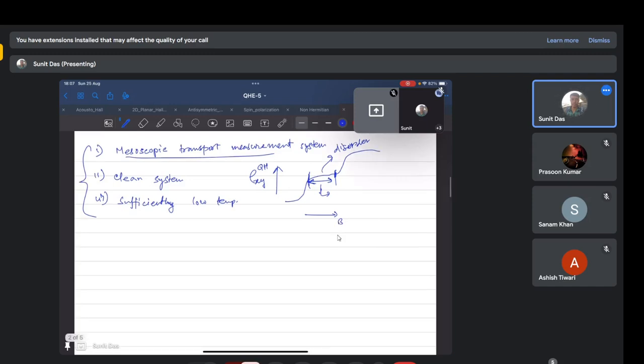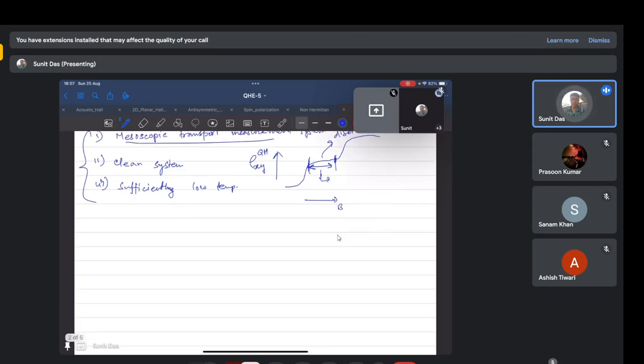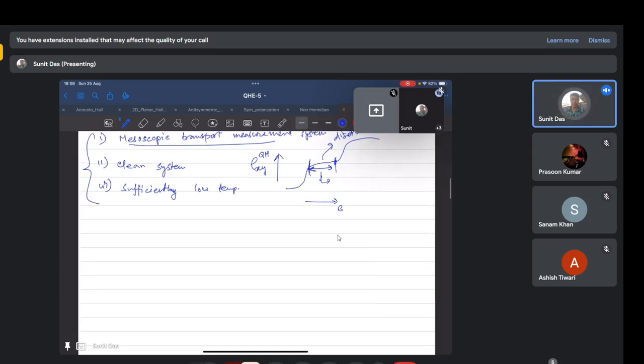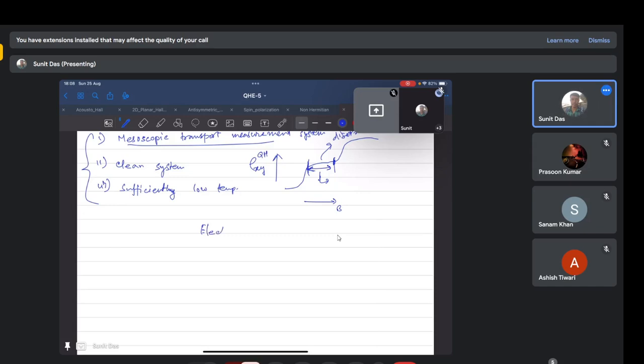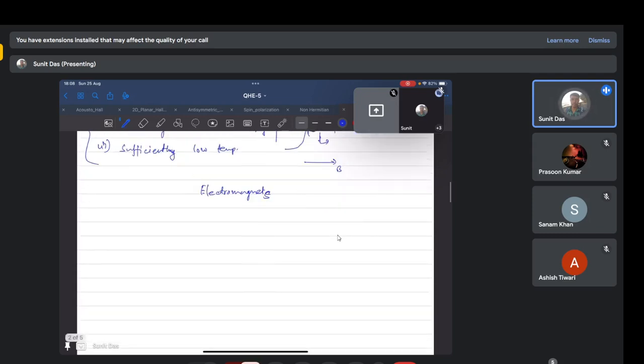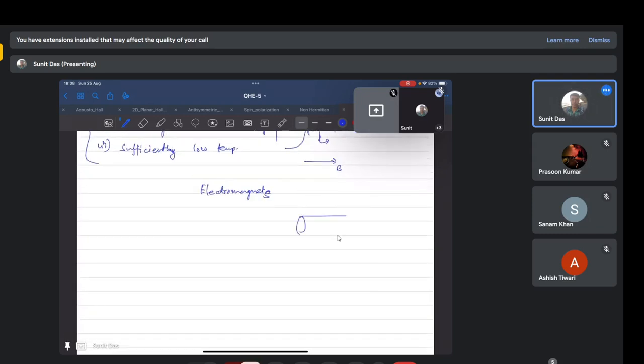So creating a very high magnetic field is quite hard, and especially confining the magnetic field is also very hard. Mostly we use electromagnets to create a magnetic field. And as you know, if we take solenoids, then within the very narrow range of the solenoid, the magnetic field is uniform.